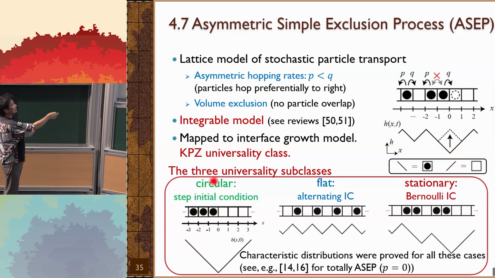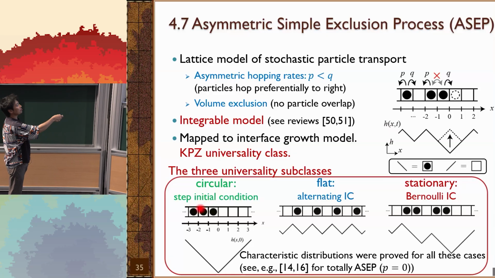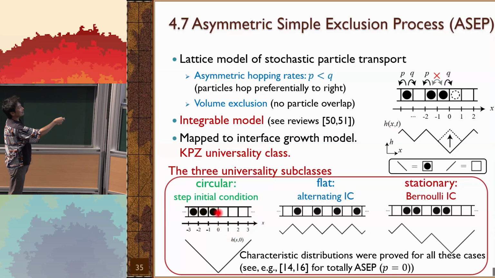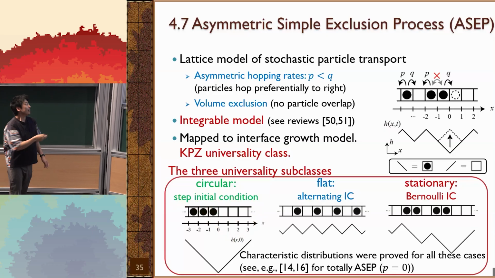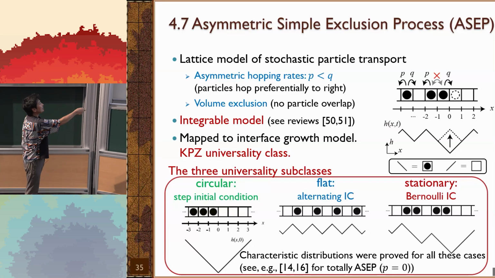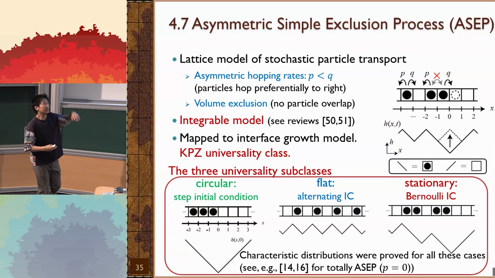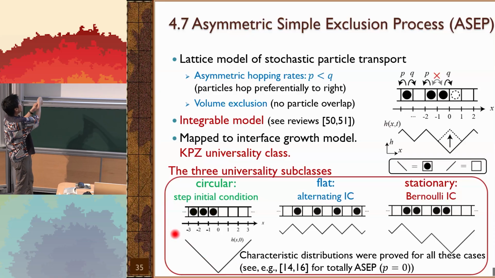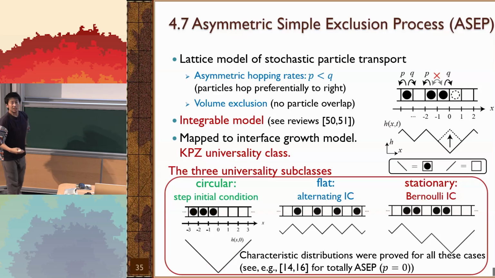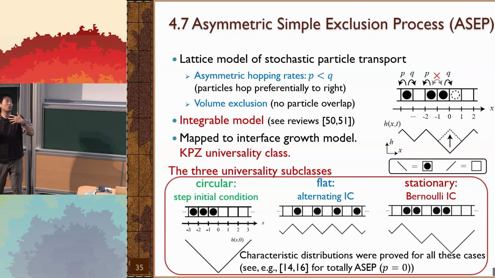For the circular case, the standard initial condition you consider is something called step initial condition. So the left half is fully occupied, and the right half is completely unoccupied. This corresponds to this kind of V-shape initial condition. And if you let this interface evolve, you will see some parabolic interface near the origin. So it's curved, and it corresponds to the circular case.